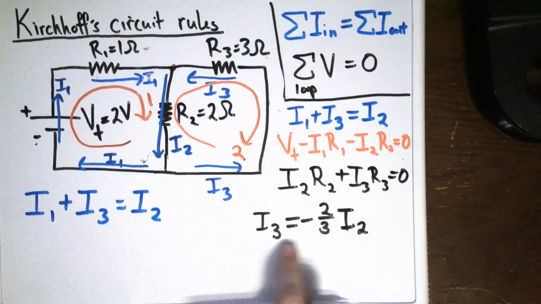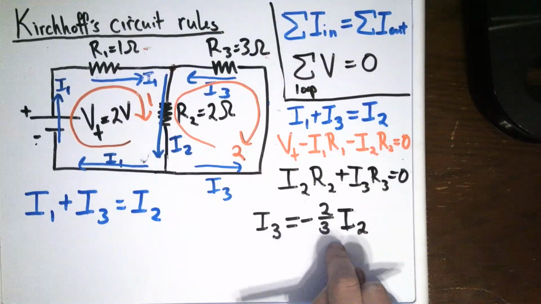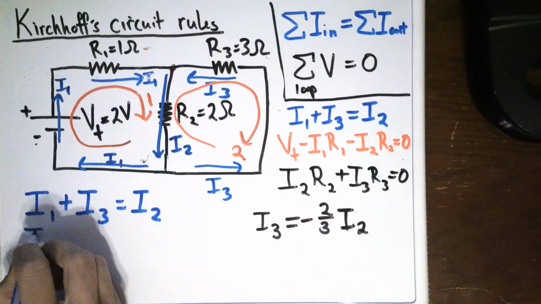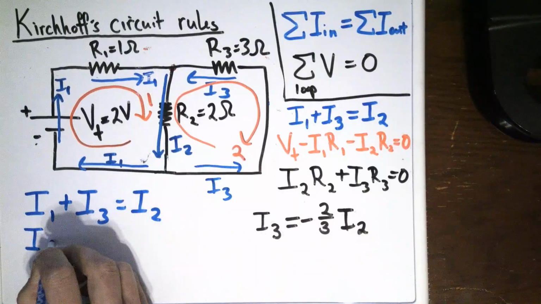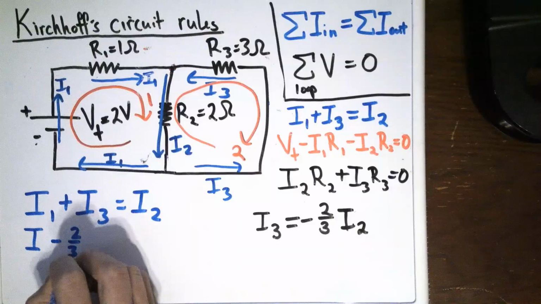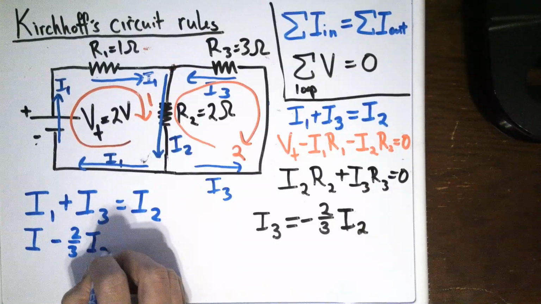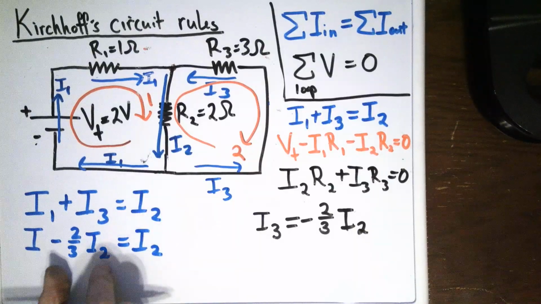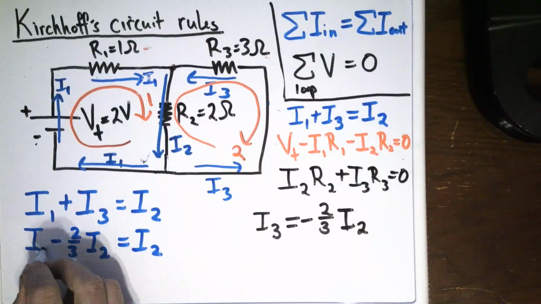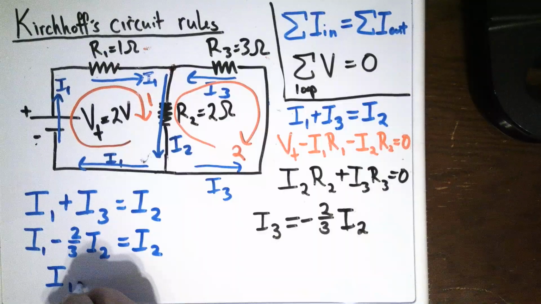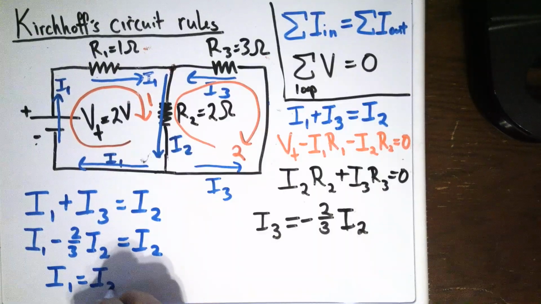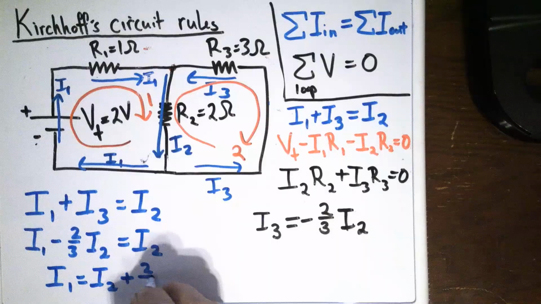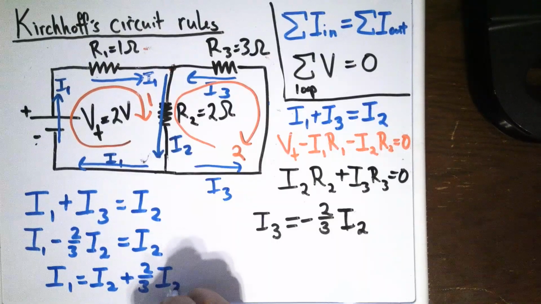So I know current 3 has this relationship to current 2, so I'm going to plug that in. Instead of I3, I'll plug in negative 2/3 current 2. Now I'm going to solve this, move this term over on the other side. I get I1 is current 2 plus 2/3 current 2.